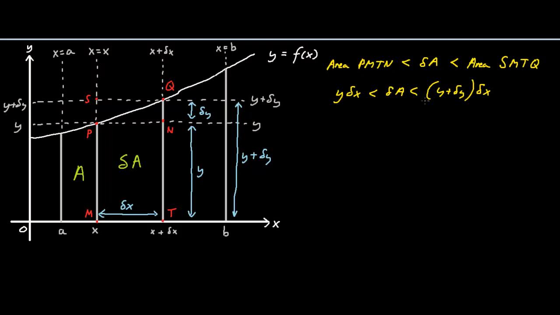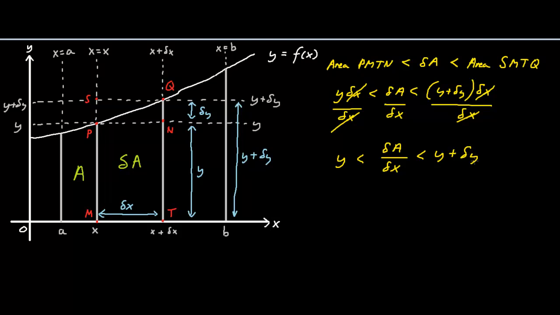Now, as we've got this equation here, let's divide everything in it by change in x. What we're left with is change in area over change in x is greater than y, but is smaller than y plus change in y.